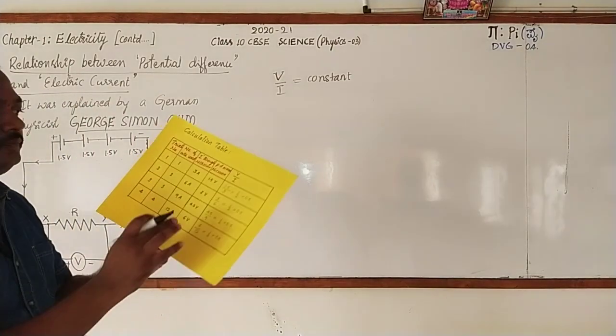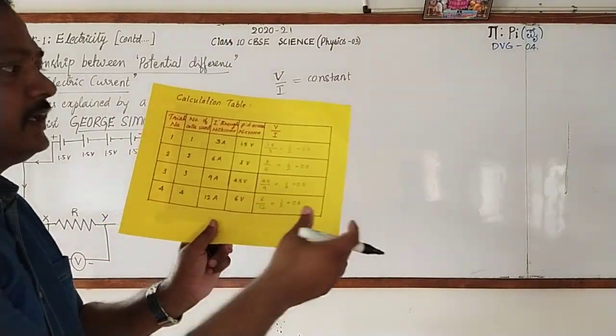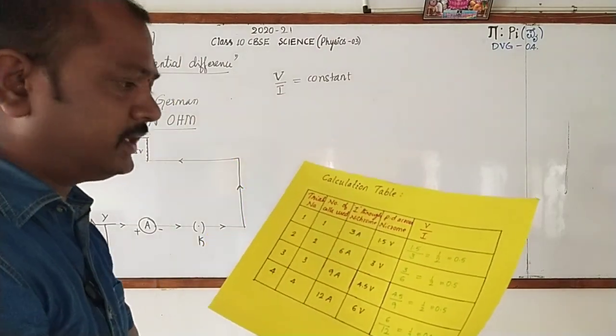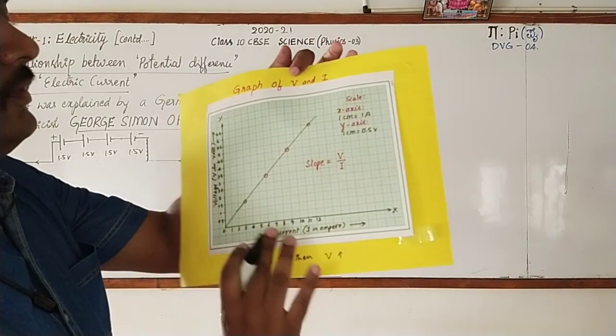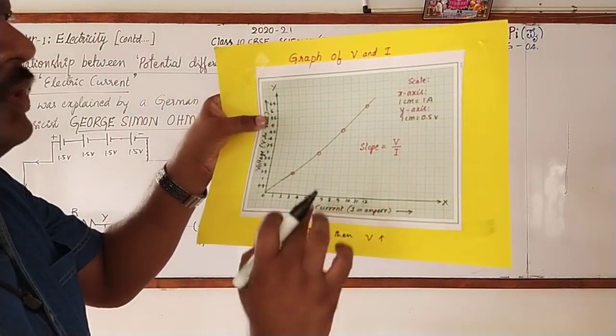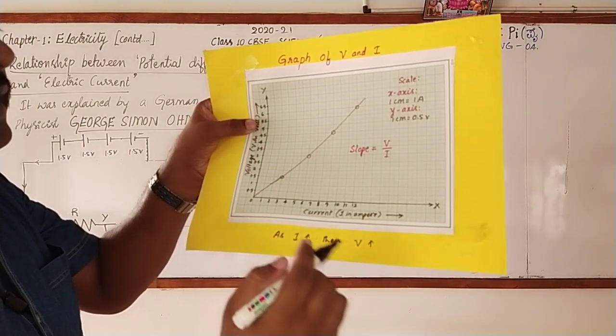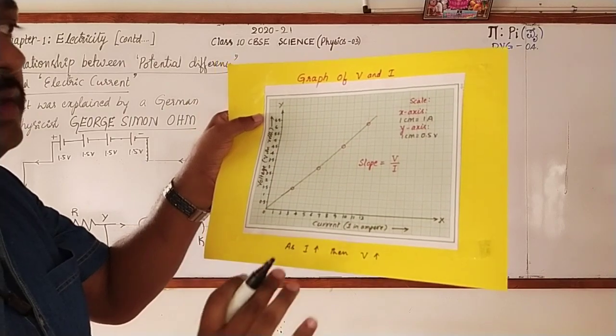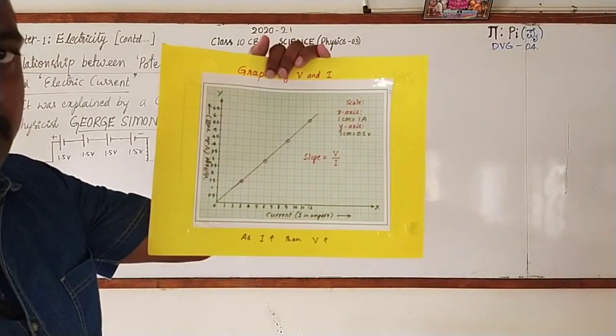Now, using these readings, let us go for drawing the graph of voltage and current. Here, you can observe the graph of voltage and current. Current is taken along the x-axis, voltage along the y-axis.